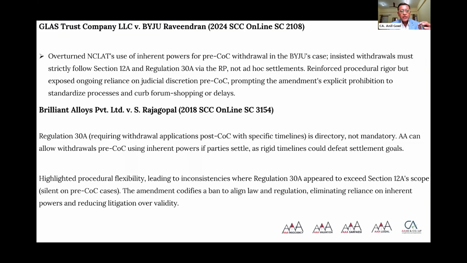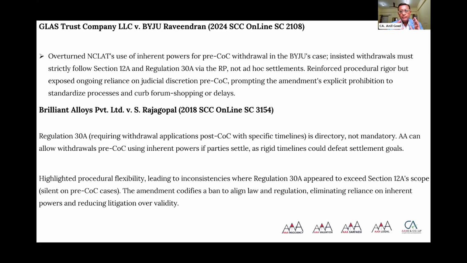As I said, Glas Trust Company LLC versus Byju's has been impactful. This is the judgment which has influenced this amendment. Also, in the case of Brilliant Alloy Private Limited versus S. Raja Gopal, a 2018 judgment, it was held that Regulation 30A, requiring withdrawal applications post-COC with specific timelines, is directory, not mandatory.